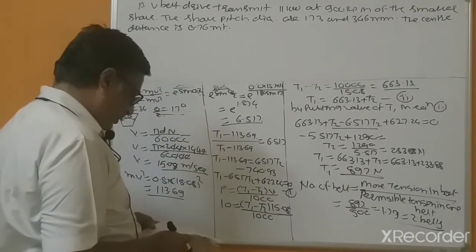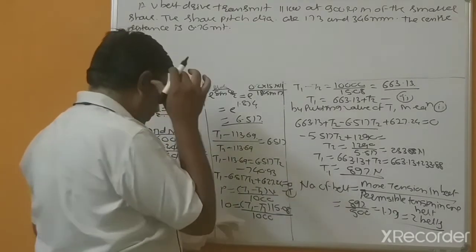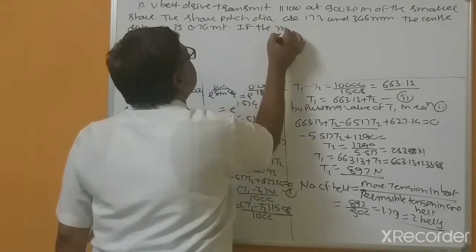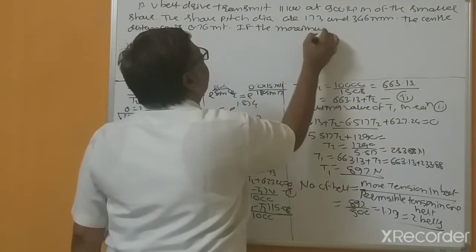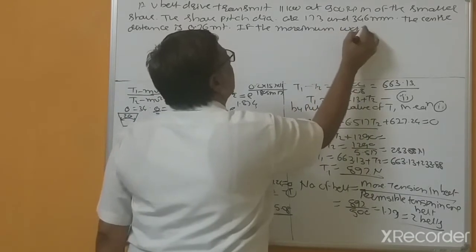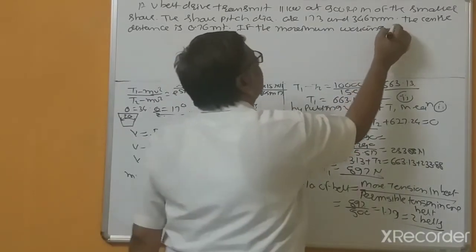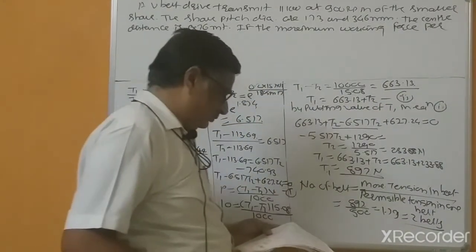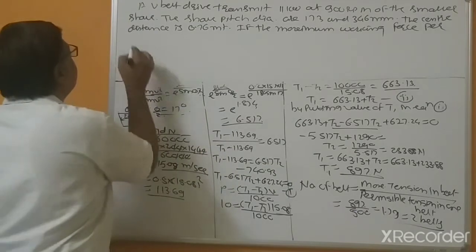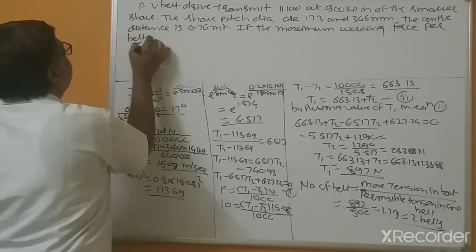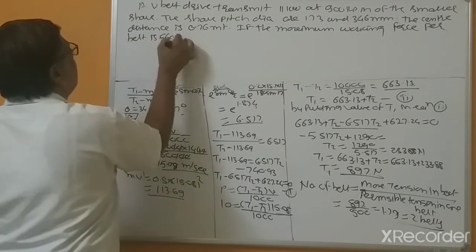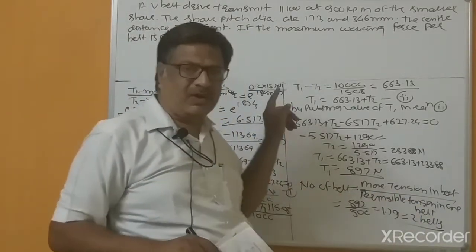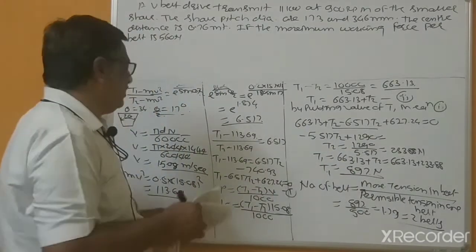If the maximum working force per belt is 560 Newton, so in the previous problem the permissible tension in the belt was given as 500, and in this problem it is given as 560 Newton.